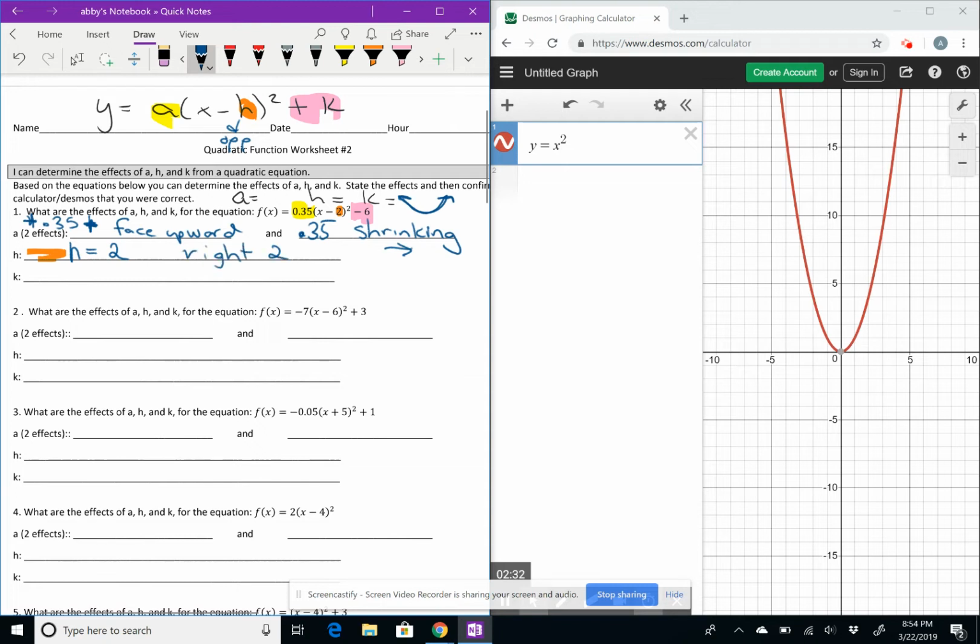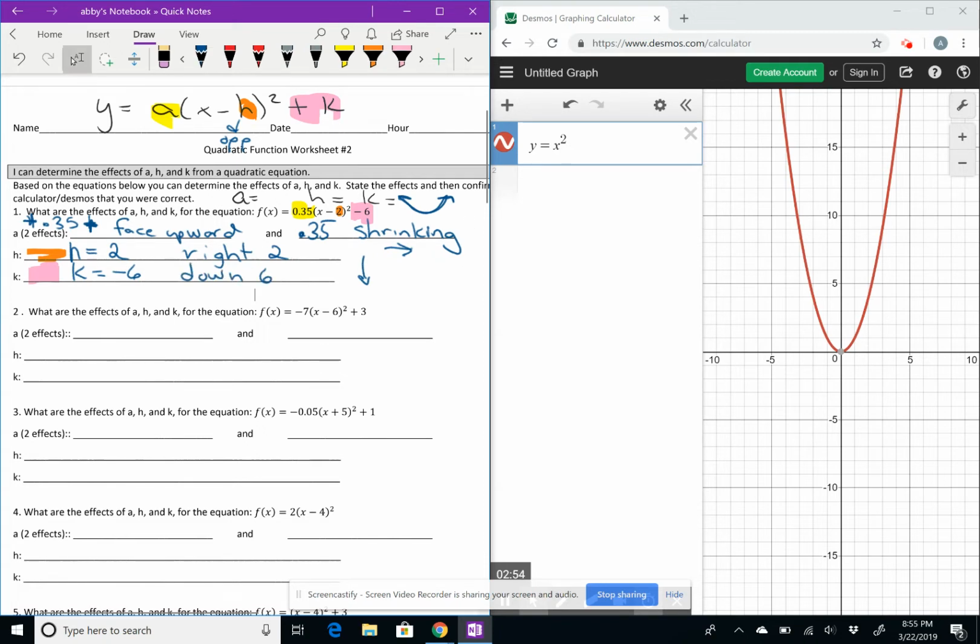So you want to be as specific as possible. Now our K value is exactly what you see inside the equation. So we saw a negative 6, and that is actually our up and down. Now since it's negative, it actually means it's going downward. So we're going to go down 6.